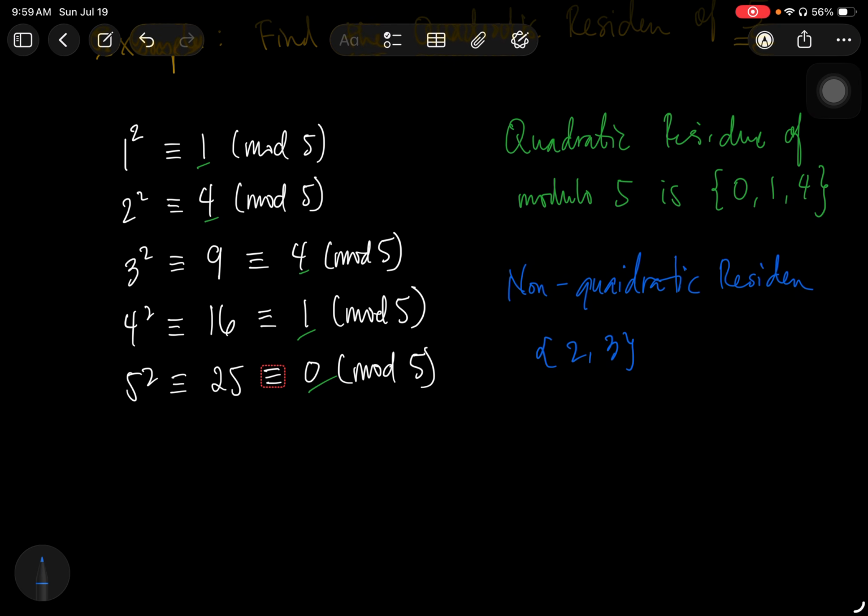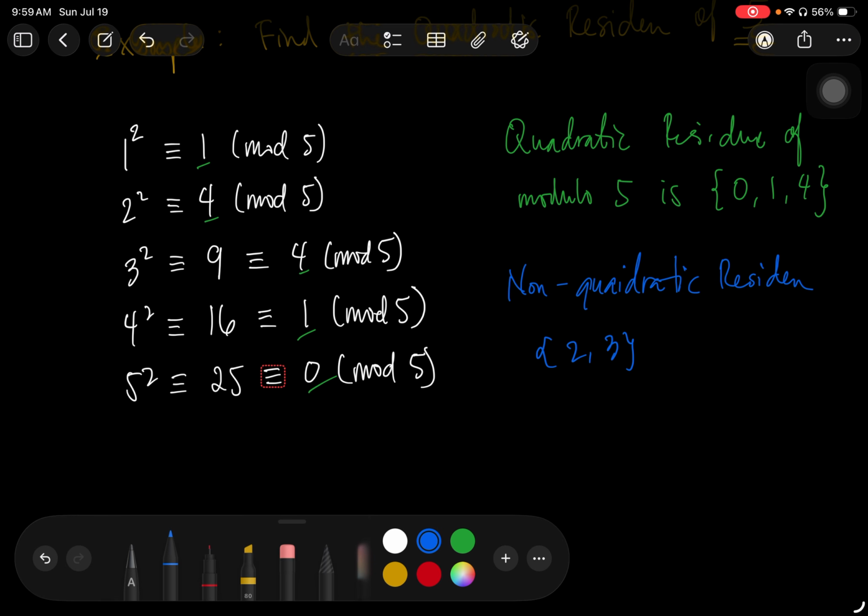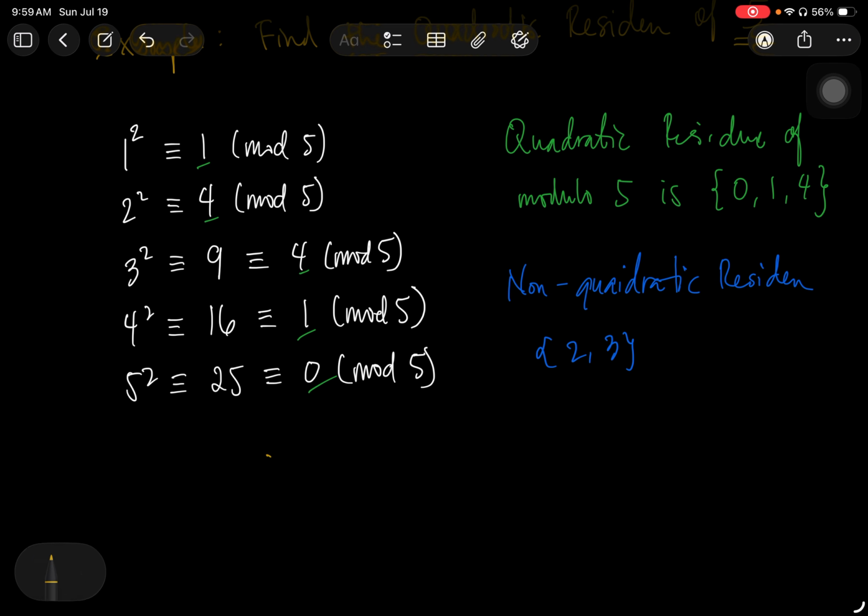So if you're given, for example, 7, is 7 a quadratic residue modulo 5? You need to look for an x squared such that when you take it mod 5, it is congruent to 7. Since 7 is greater than 5, you can reduce this one.